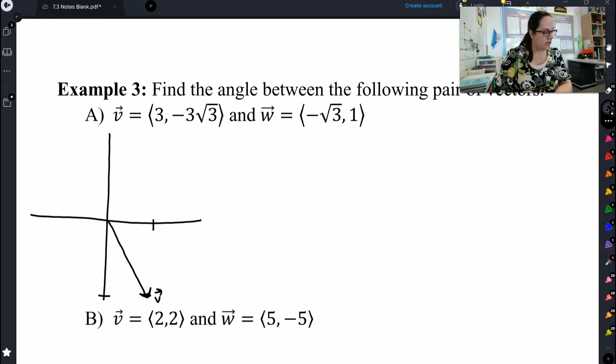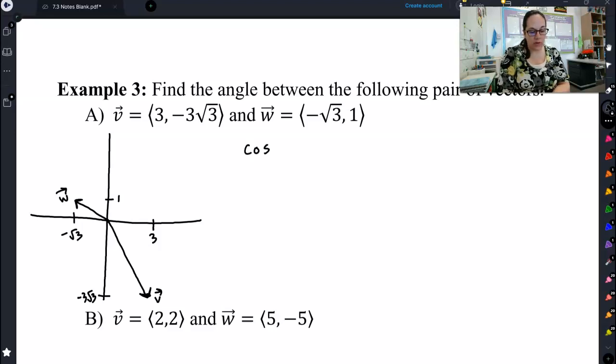And then I have vector w, which is at negative root 3, comma 1. So here's vector w. And I want to find the angle between these two vectors.